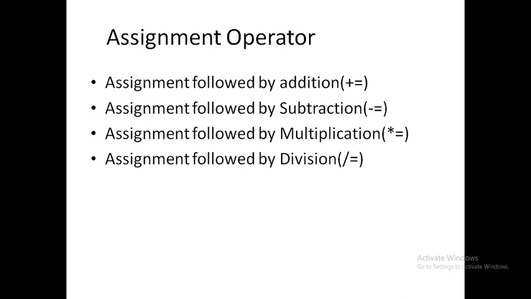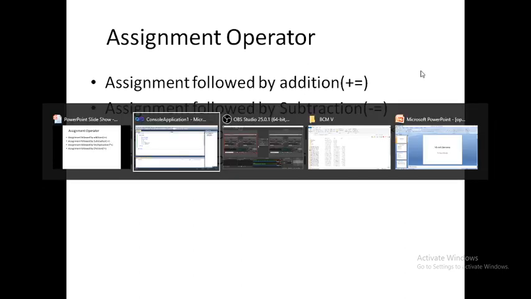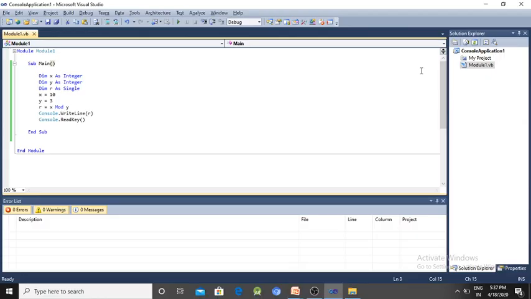The equal to operator is the assignment operator, whereas in the C programming language, double equal to is used as the comparison operator. We will discuss practically what is the use of that.